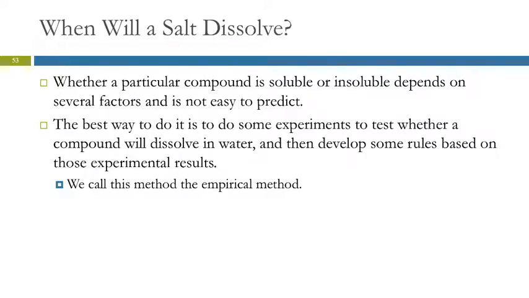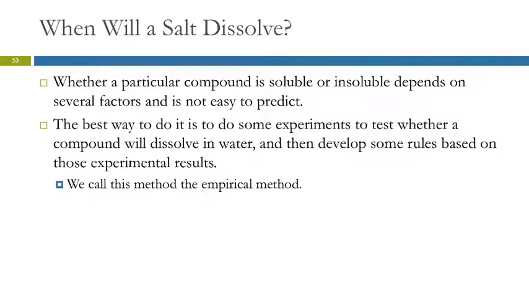So how can you tell which ones dissolve and which ones don't? It's actually very complicated. It's complicated. There's no other way to say it. So what do you do then? Well, people have tested, let's put some of this in water, stir it up.